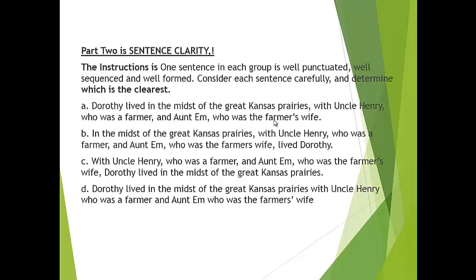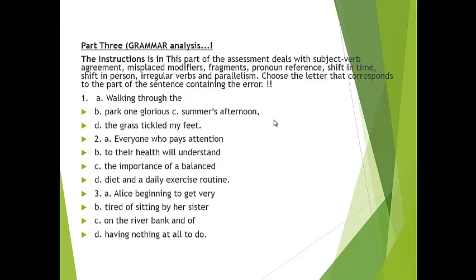The instructions: this part of the assessment deals with subject-verb agreement, misplaced modifiers, fragments, pronoun reference, shifts in time, shifts in person, irregular verbs, and parallelism. Choose the letter that corresponds to the part of the sentence containing the error.